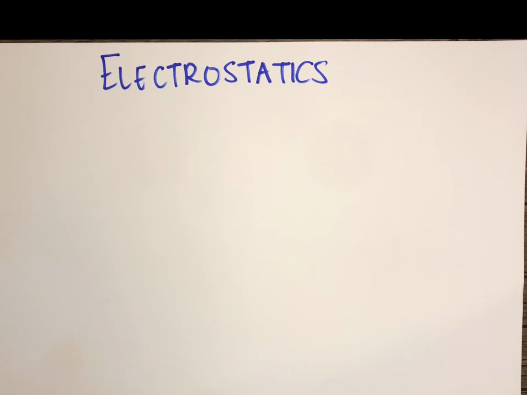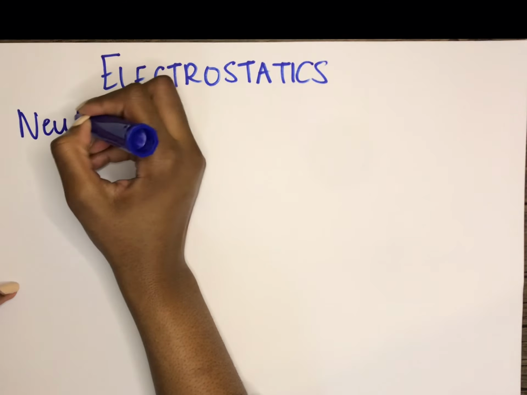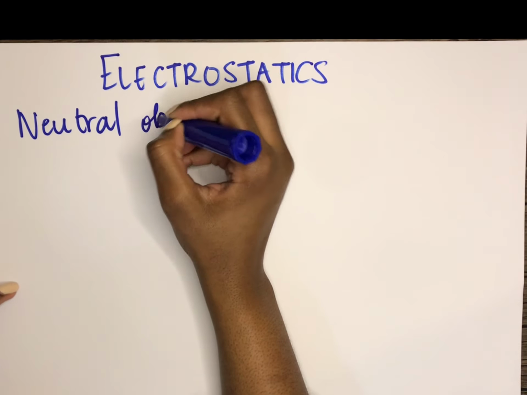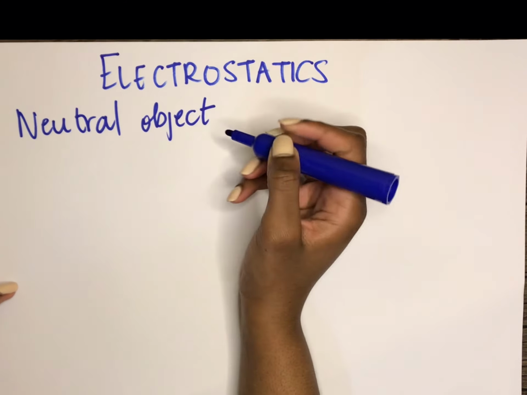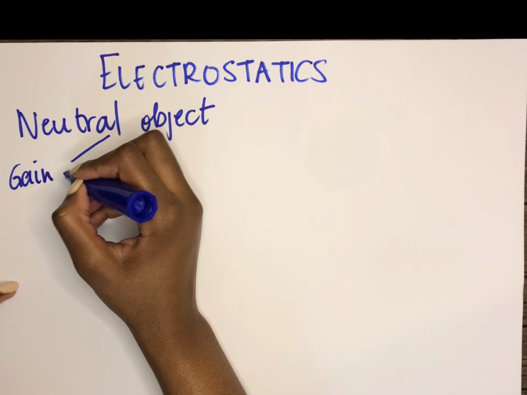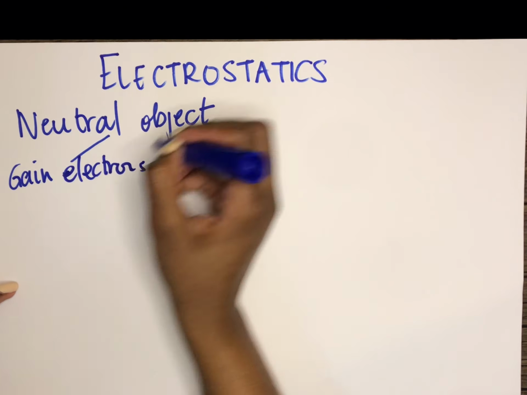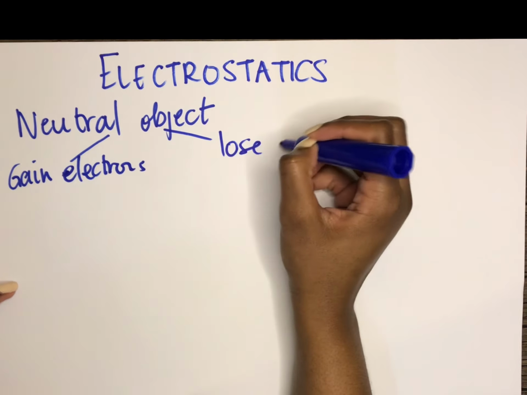So now when we talk about a neutral object, I said we can have a neutral object that can either gain electrons, or lose electrons.